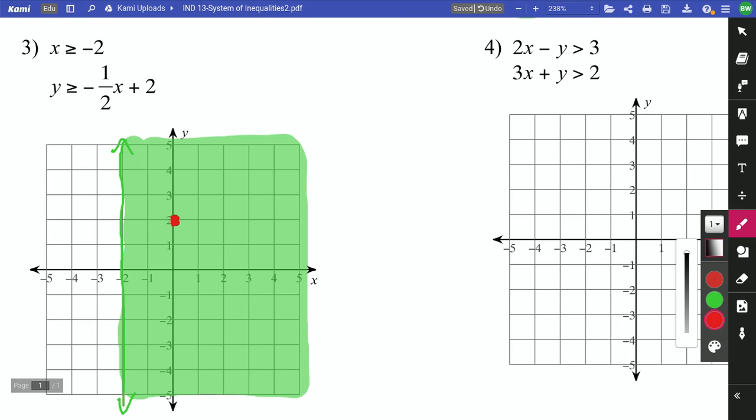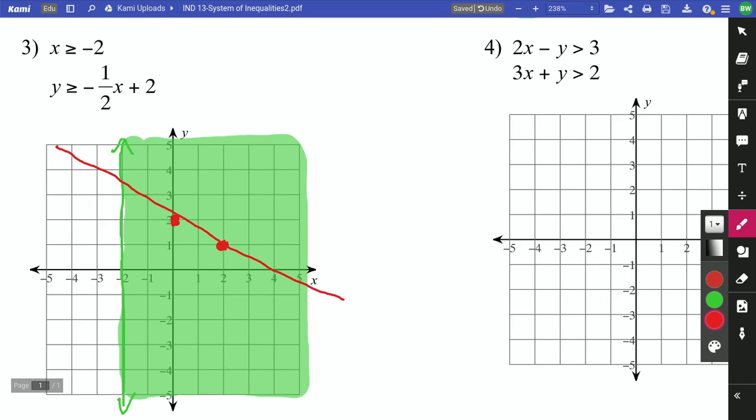So the rise is -1, the run is 2, gets us to right there. And that's our point. And this one is going to be a solid line because that is greater than or equal. So we make a solid line. Okay, pretty close.